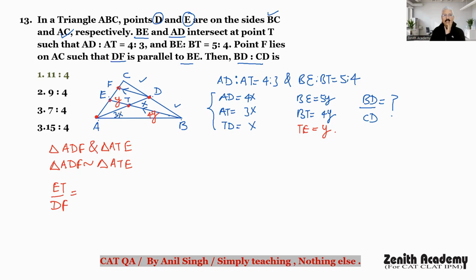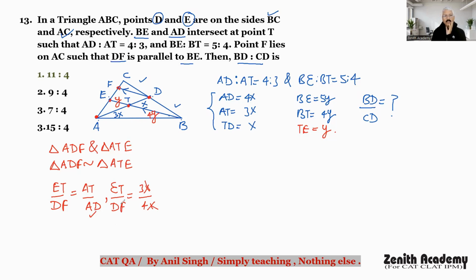This will equal AT upon AD. So ET upon DF, AT is 3x and AD is 4x.